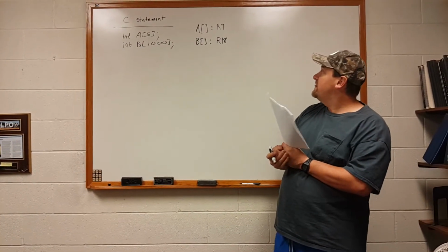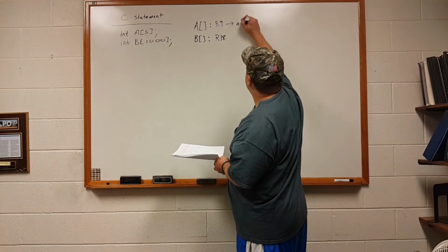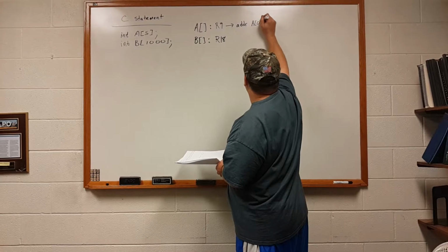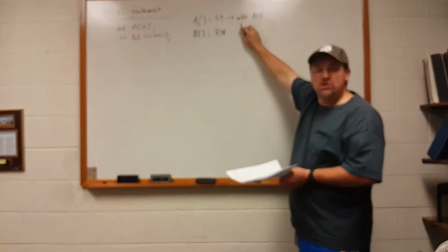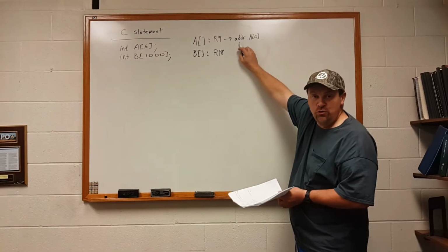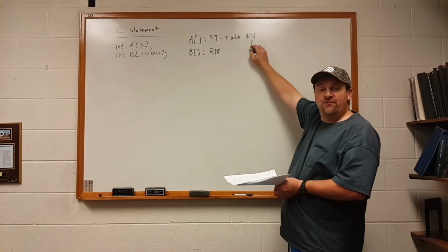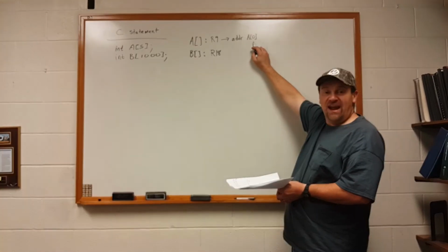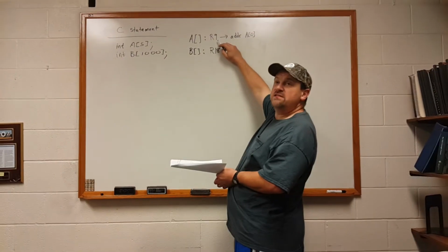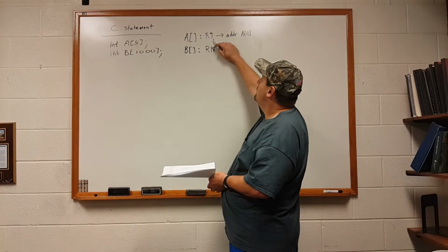So, this means that R9 contains the address of A of 0. Whatever number gets put into R9, which will be a 32-bit unsigned address, is going to be the first byte of A0. R9 plus 1 contains the second byte of int A0.